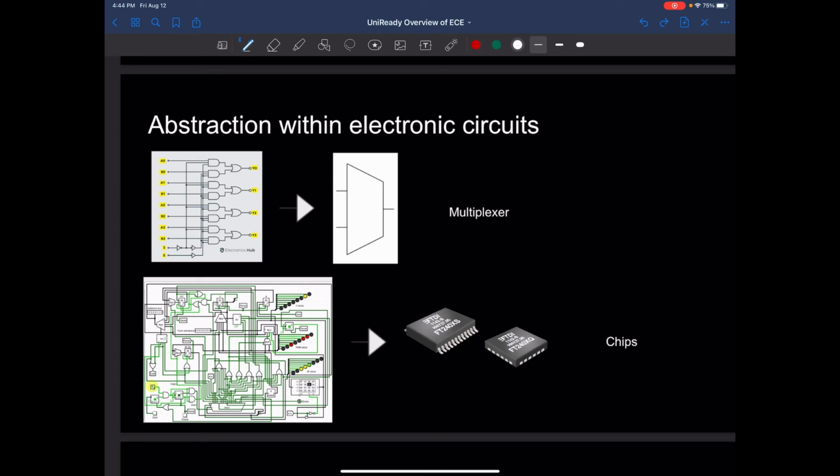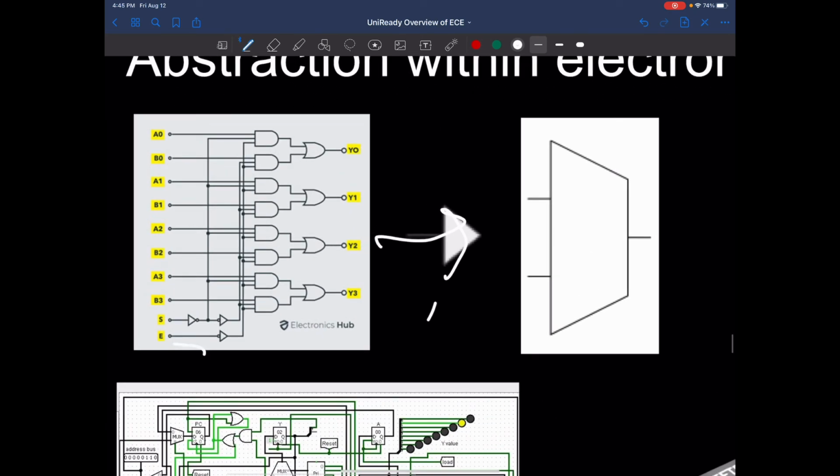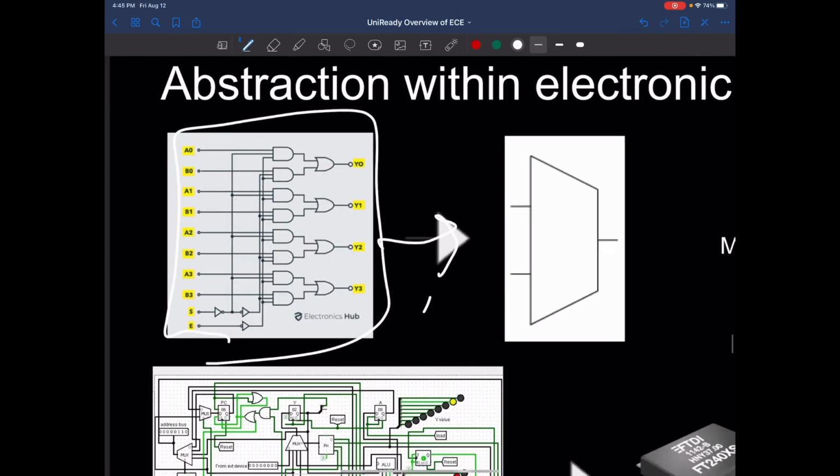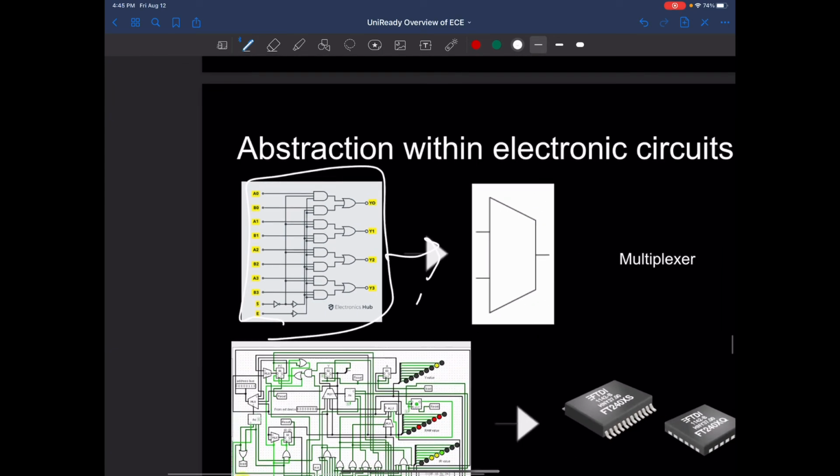And on that note, there are abstractions within electronic circuits, as you might expect, because like electric circuits, you can abstract these humongous circuits into one component, right? For example, this is a pretty simple component, but having to draw this entire thing might get tiring if you just want to use what this component does as a function within a bigger circuit.